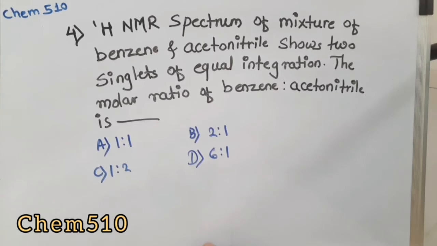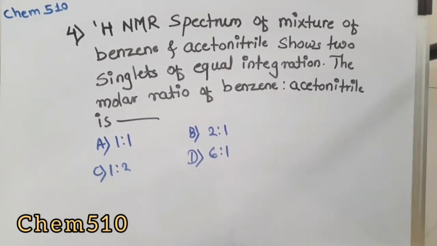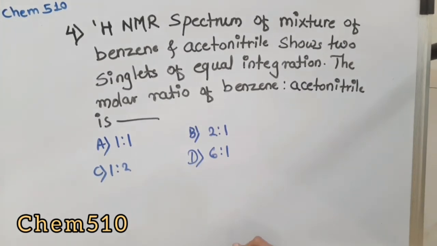4. The H1 NMR spectrum of a mixture of benzene and acetonitrile shows two singlets of equal integration. The molar ratio of benzene to acetonitrile is: option A 1:1, B 2:1, C 1:2, and D 6:1.